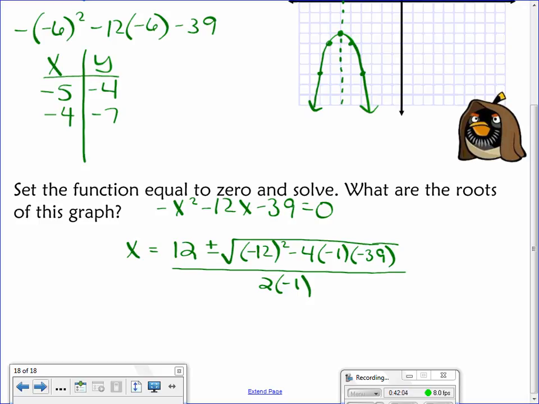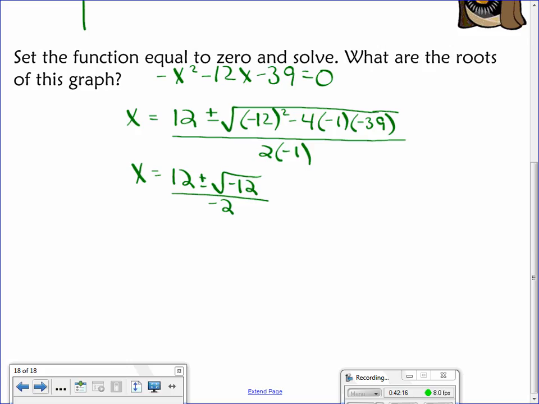All right, let's type this in, see what we get. So 12 plus or minus radical negative 12 over negative 2. Good.